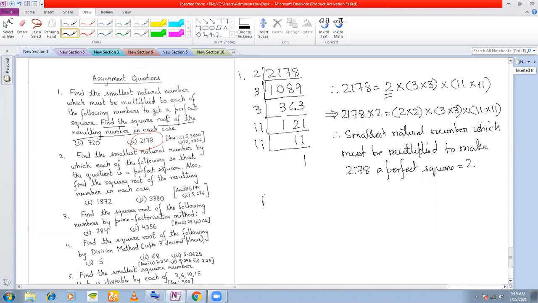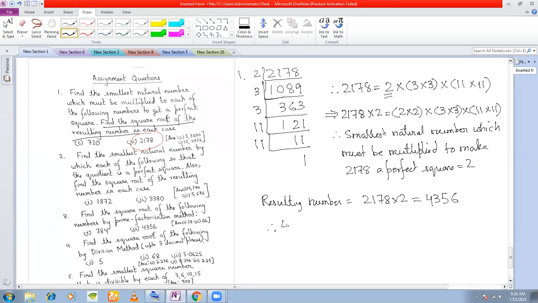So what is the resulting number? Resulting number is 2178 into 2. How much will it come to? 4356, right?